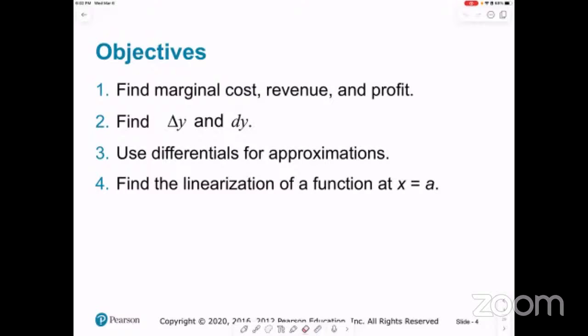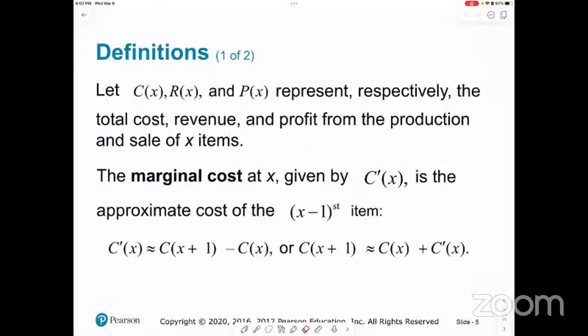So we have a few definitions. Let C of x, R of x, and P of x represent respectively the total cost, revenue, and profit from the production and sale of x items. All right. So the cost function, revenue function, and profit function. The marginal cost at x given by C prime is the approximate cost of the x plus first item.